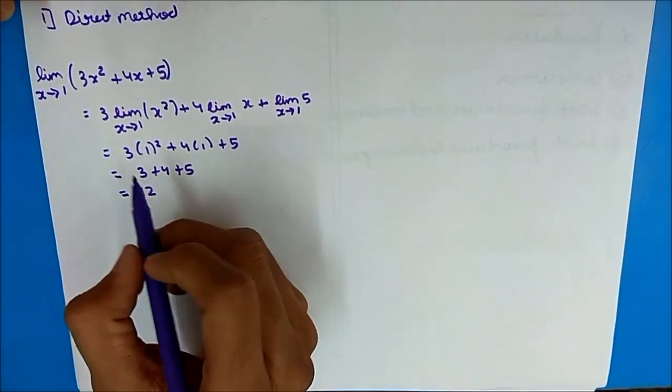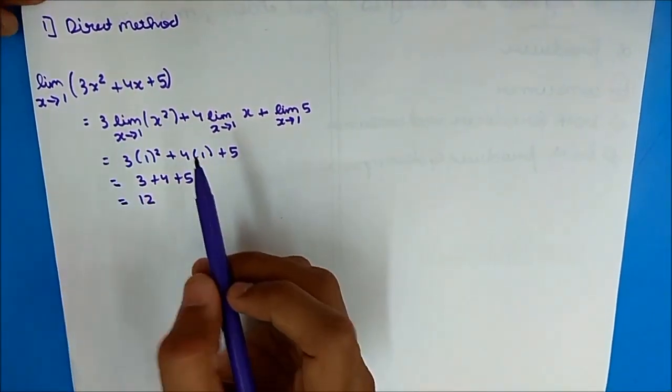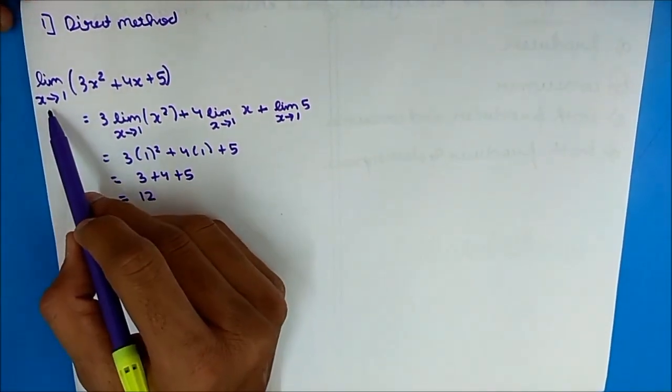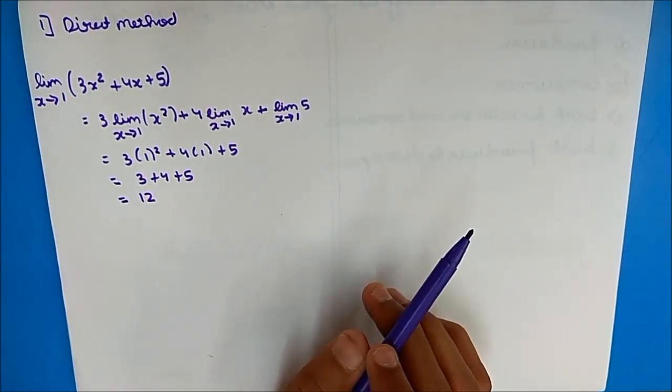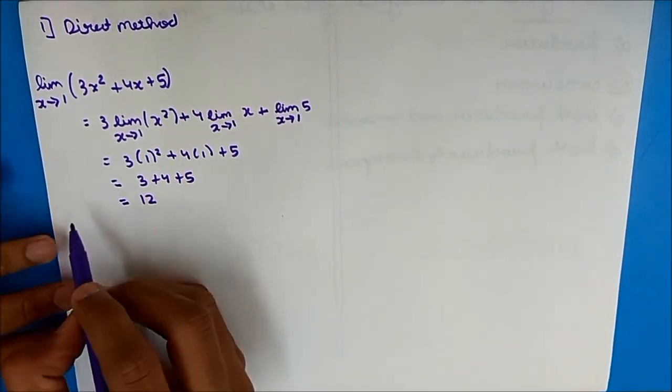That is as easy as direct method. It's a direct substitution. At the place of x, you have to substitute the value given here. Now let's take another example.